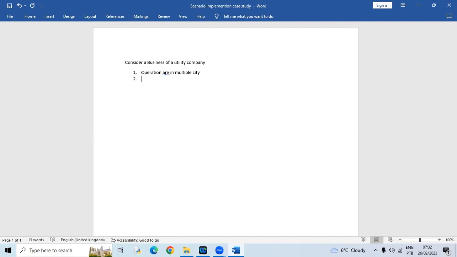So each city has a different company code, and they have a total of 4 companies: North Grid, South Grid, East and West Grid.